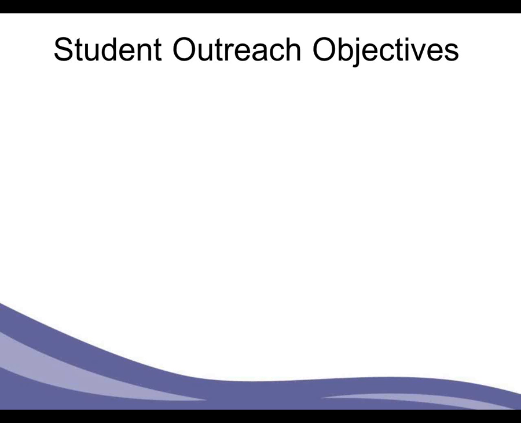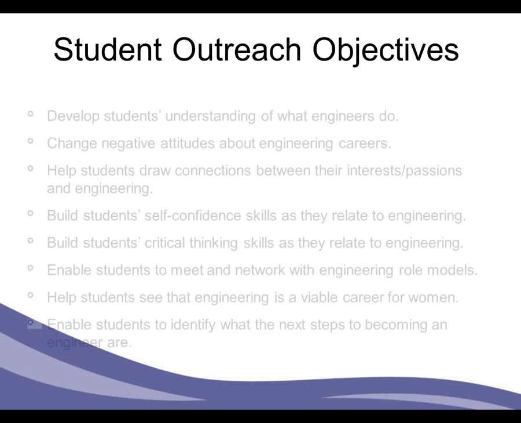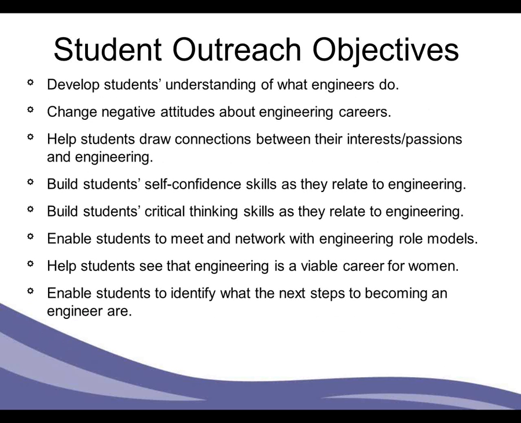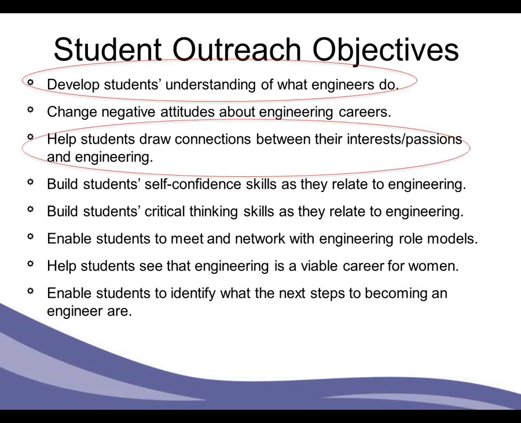So, for an event with students, here are objectives you can consider. For example, if you were running an event for younger students, you might have an objective of developing their understanding of what engineers do, or of helping students draw connections between their interests, passions, and engineering.